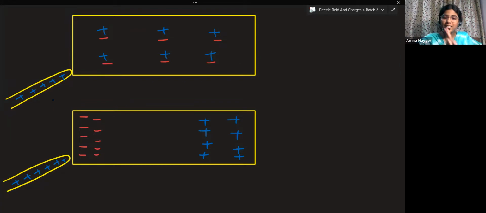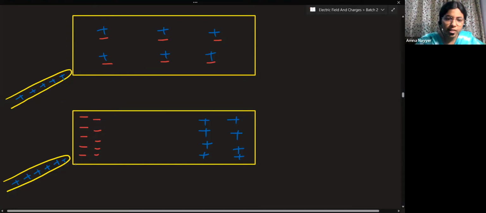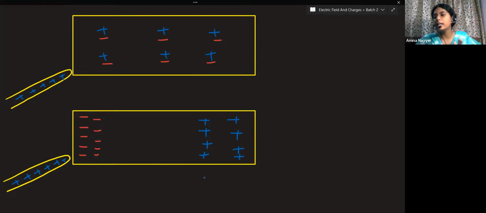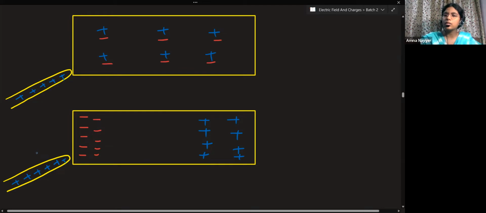So see, this phenomenon of segregation of these two charges, whenever the neutral body, now it has been charged. One end has become negatively charged and the other end positively charged. See, overall the body is neutral. That's why induction is also known as temporary electrification, because this is temporary. As soon as I remove the glass rod, what will happen?